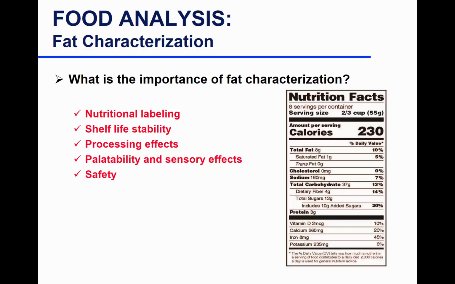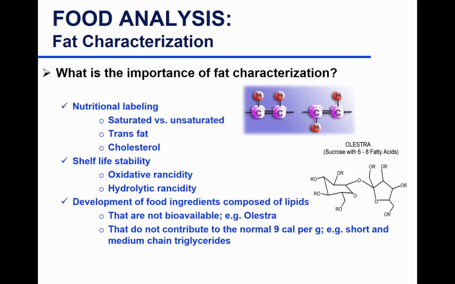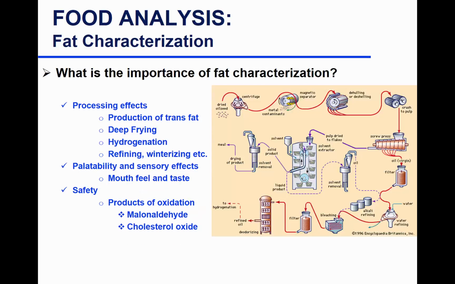Palatability and sensory effect. So it's like spreadability of the butter, how much total solid fat index you have, which has to do with how smooth the mouthfeel of that particular fat is. Safety: some secondary metabolites are toxic or mutagenic.